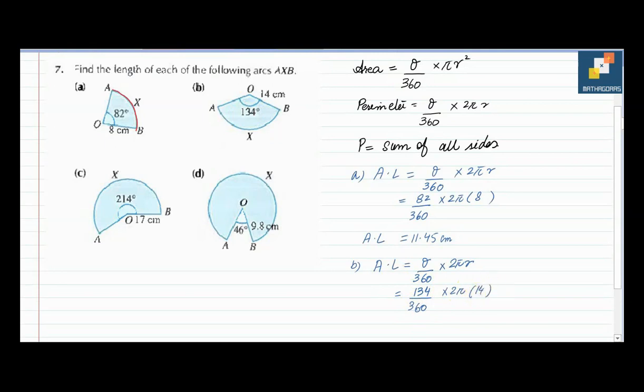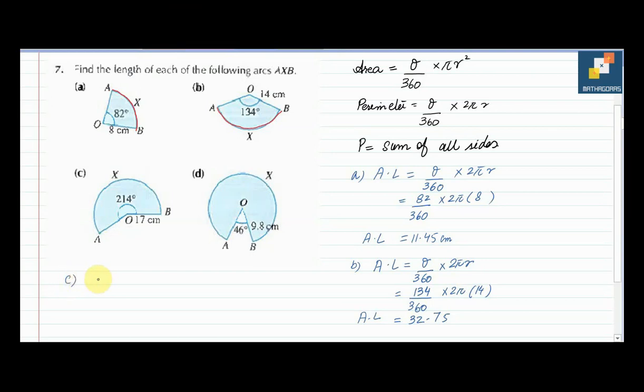Now you need to multiply. So 134 multiplied by 2 multiplied by pi multiplied by 14, it's 11788, divided by 360, it's 32.75, right? After rounding off, it's 32.75. That is the answer of part B. Keep in mind that arc length is this curve length, that is the arc length, right?